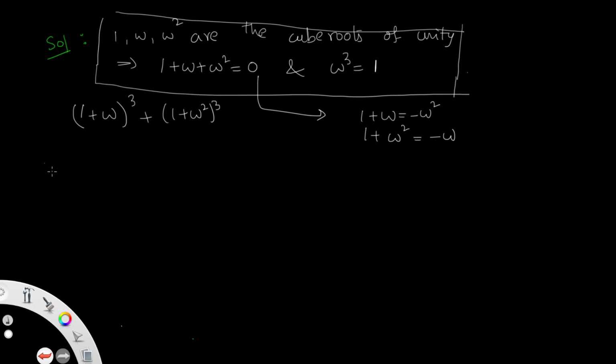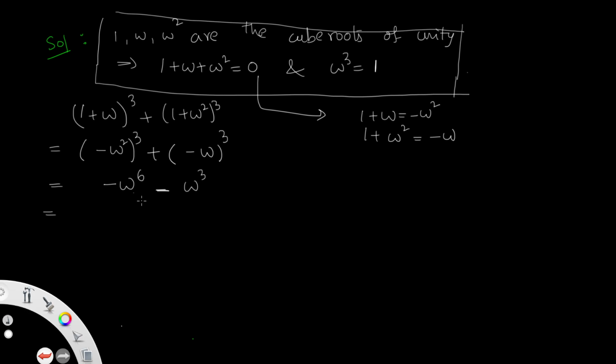Now substitute in this LHS. 1 plus omega we can write as (minus omega square) whole cube, plus 1 plus omega square, which is (minus omega) whole cube. That is minus omega power 6, since minus to the power 3 gives minus. Here also minus, three times, that is minus omega cube. So minus omega power 6.